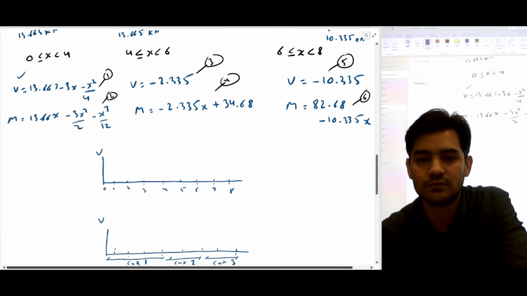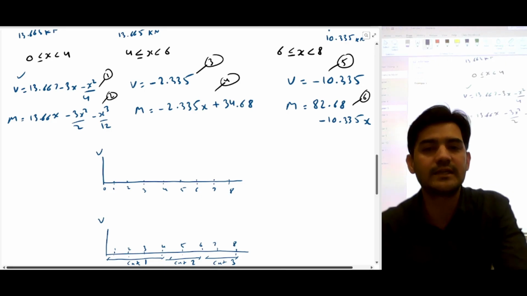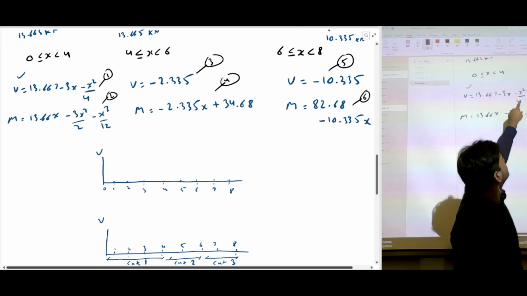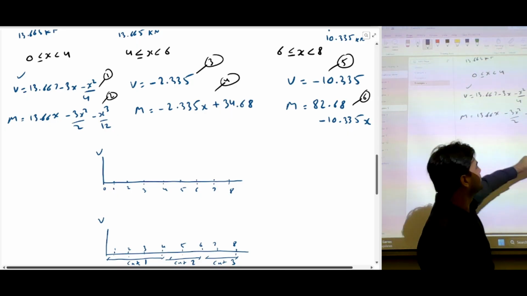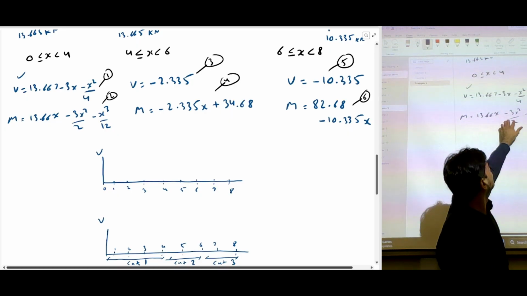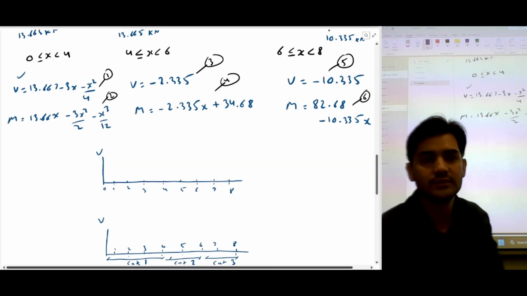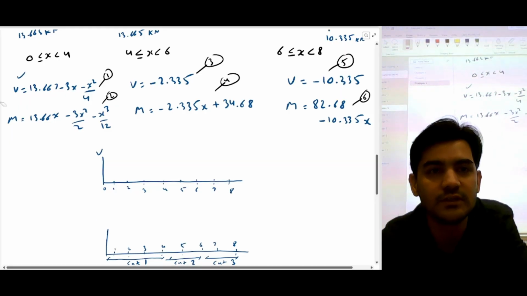So you guys can start using your calculator, put the value 0 at x and see what's the value of shear, plot it here, put the value of 0 here, see what's the value of moment, put it here, and give me the shear force and bending moment diagram.